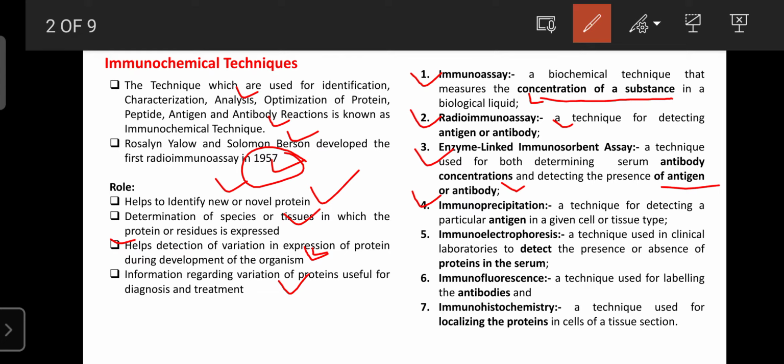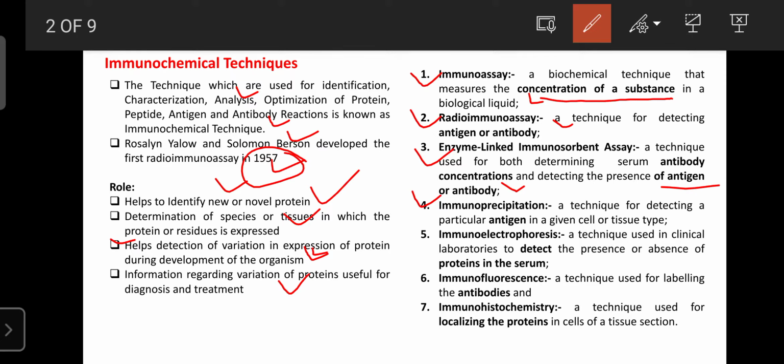immunoprecipitation, by applying chemicals or antibodies to initiate the precipitation of the immune component. By monitoring that precipitation, it is helpful for the diagnosis of the disease. It is one of the techniques for detecting a particular antigen in a given cell or tissue by initiating the precipitation of that antigen.